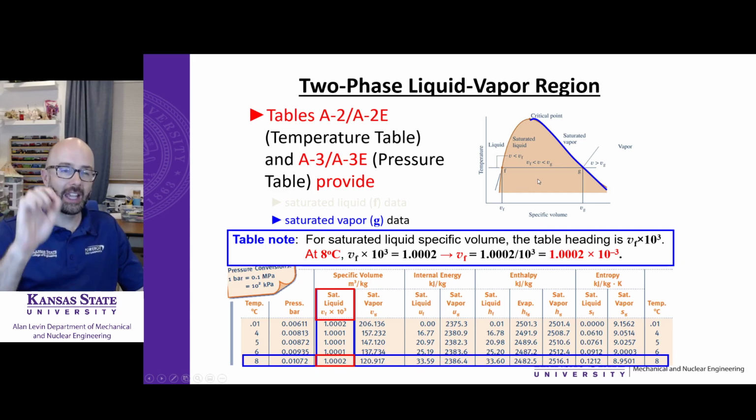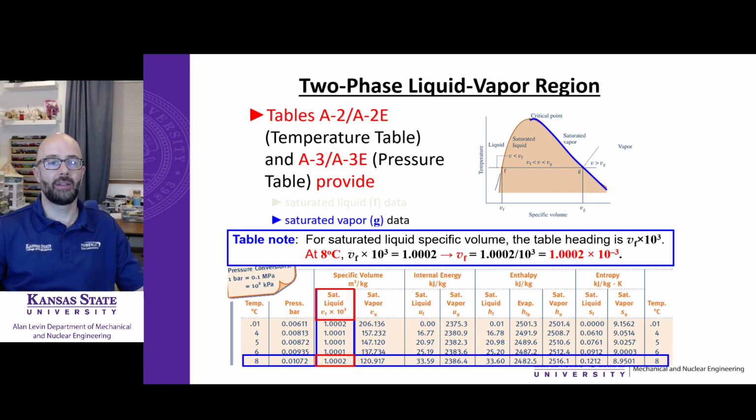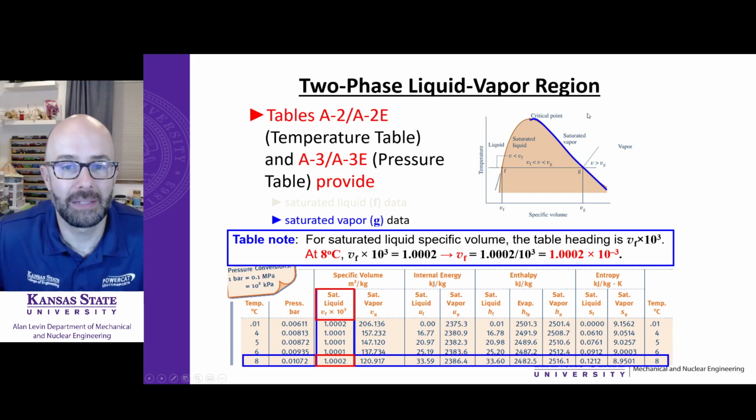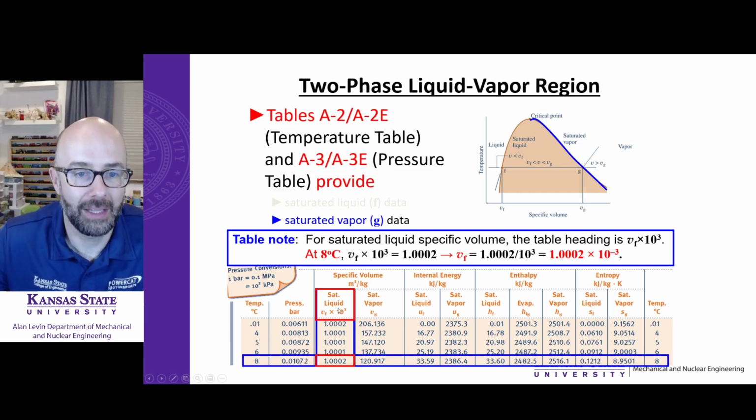Now here's a very special note that you have to look at. For saturated liquid specific volume, the table heading that you're going to see there is vf times 10 to the third. Okay, so if we look at 8 degrees Celsius, vf times 10 to the third is equal to 1.0002.